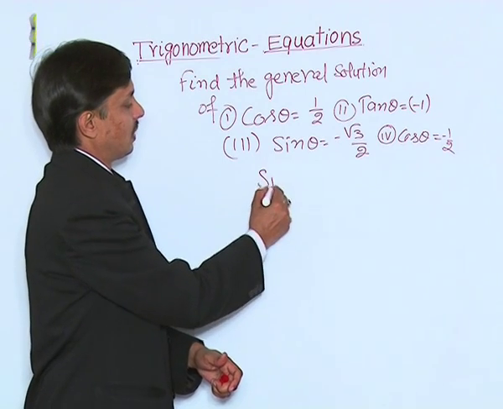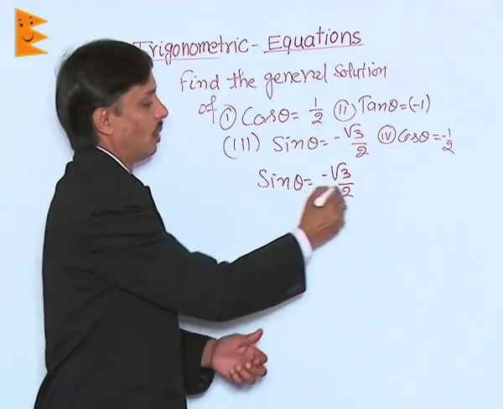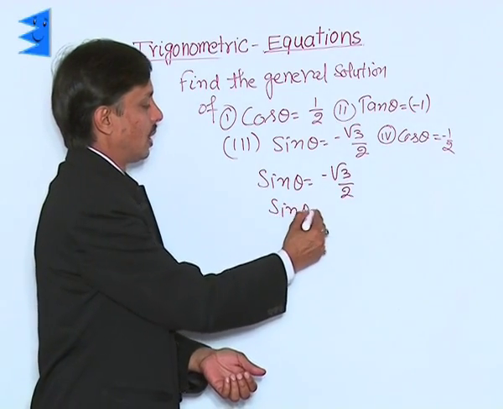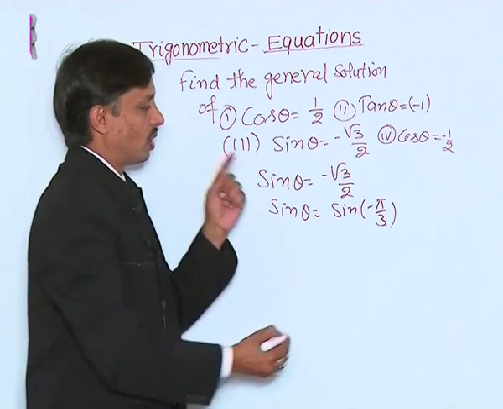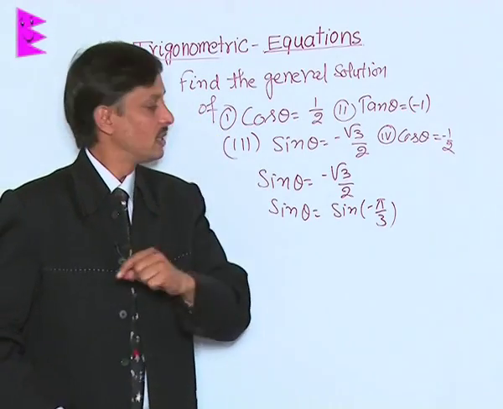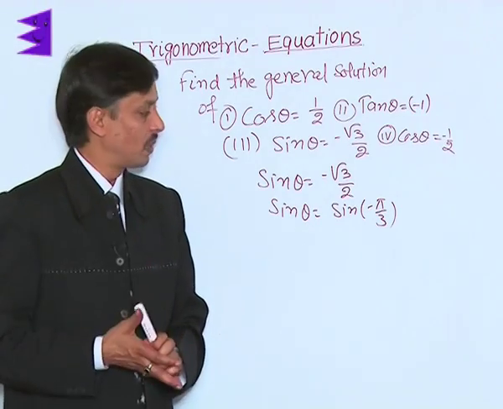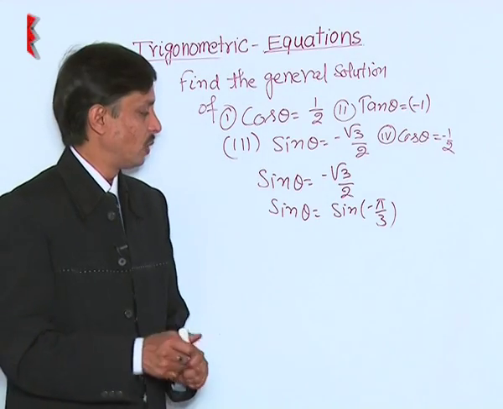The third part is sin theta is equal to minus root 3 by 2. Sin theta becomes sine of minus pi by 3, because we need to think of an angle which lies in the principal domain of sine, that is from minus 90 to plus 90, where the value must be minus root 3 by 2.